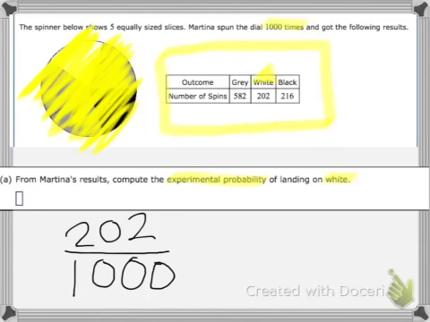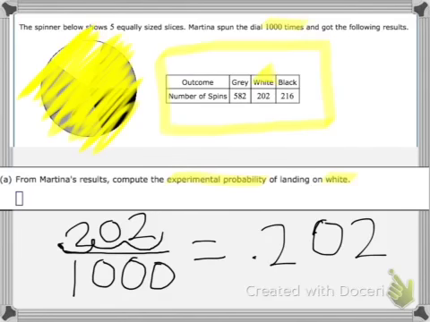And then we're going to change that into a decimal. 202, since there are 3 zeros, we go back 1, 2, 3. So the decimal is 0.202. So that's the result of landing on white. So let's go to the next question.